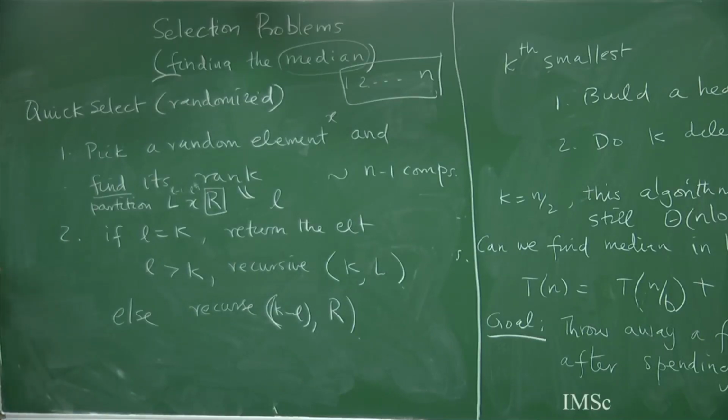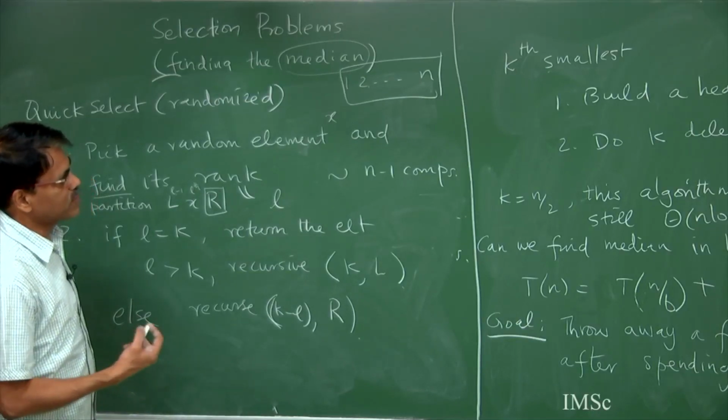So, in either case I managed to throw away some portion of the elements. What would be the worst case first of all? Yeah, you end up throwing away only one element at a time, right. So, you are looking for the n by 2th element and you are unlucky and you got the smallest element as your pivot, everybody is on the right, you have to recurse, and if this happens every time, your recurrence is, you spend n minus 1 comparisons, your problem size still remains n minus 1, so it's like n square.